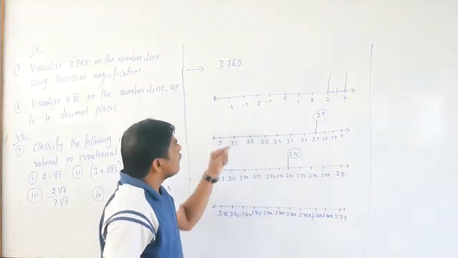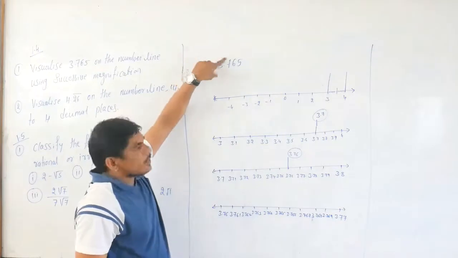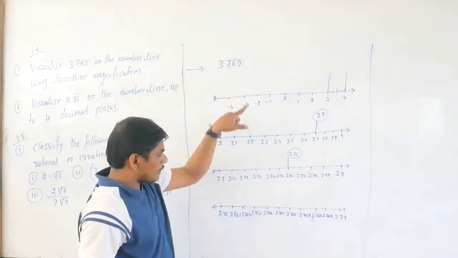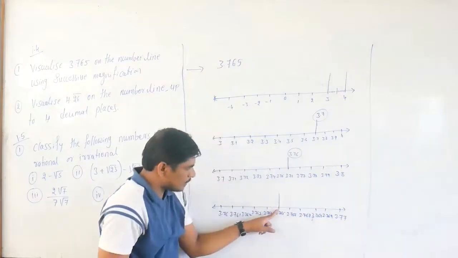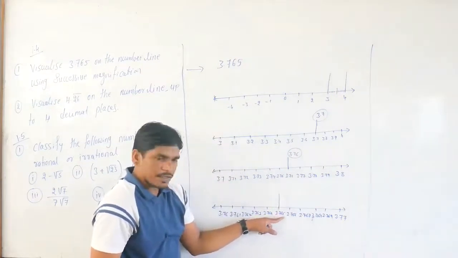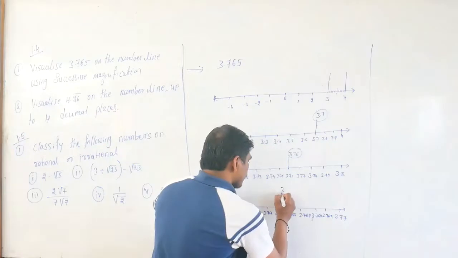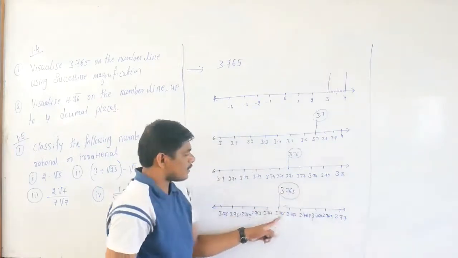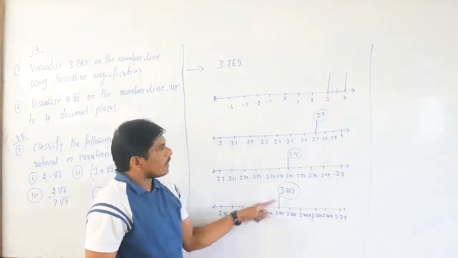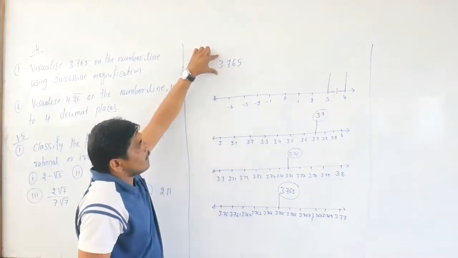Now the given decimal expansion is 3.765, so this point is 3.765. Here you write 3.765. Now this is the representation of the given decimal expansion on the number line.